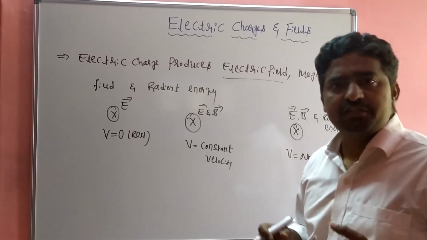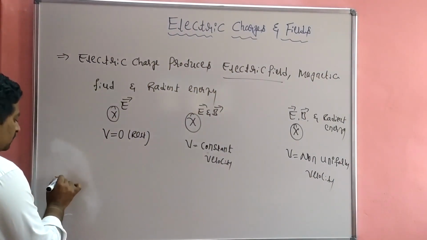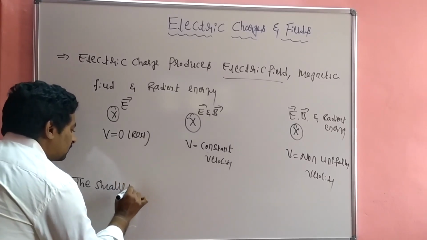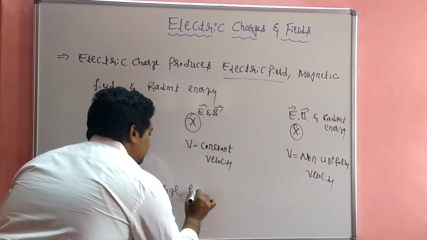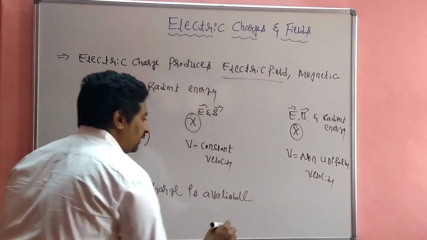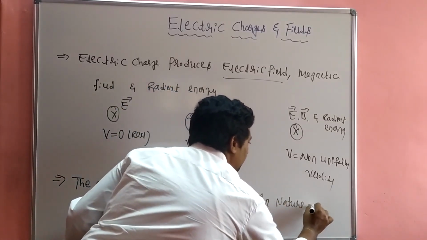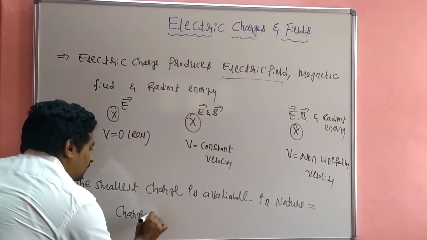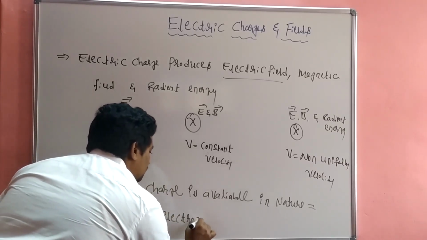So the smallest charge available in our nature, which is the smallest one? That is the charge of electron. So the smallest charge available in nature is equal to the charge of electron.